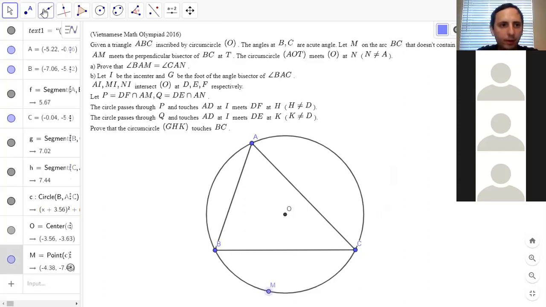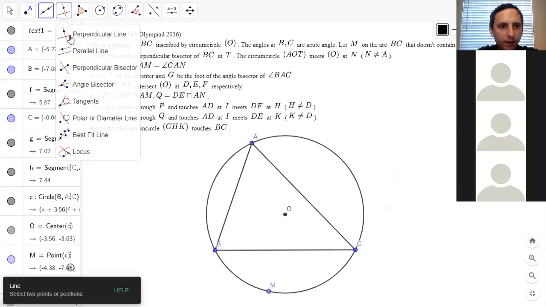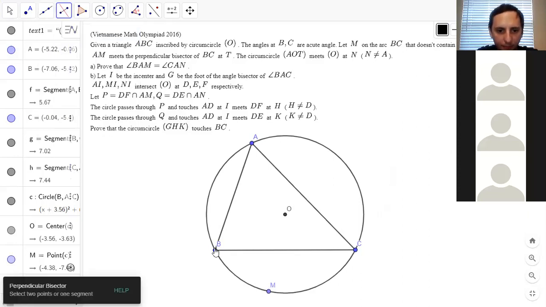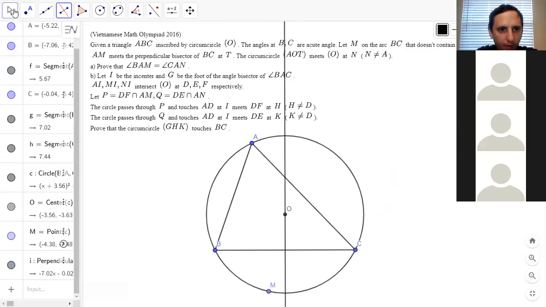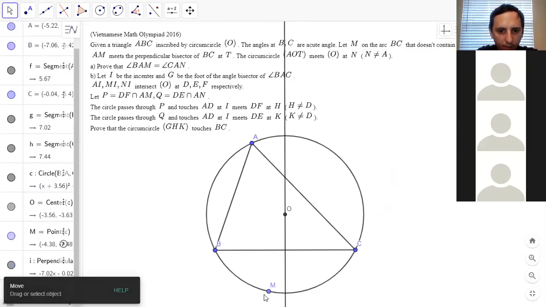AM meets the perpendicular bisector of BC at T. All right. There we go. Let me move M to be on the other side of the arc.